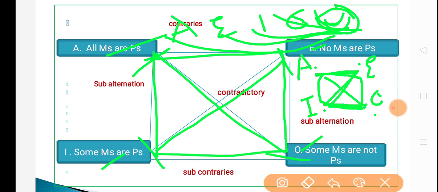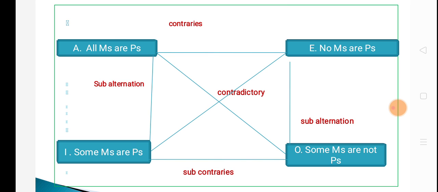Now, this corner is A, this corner is E, this corner is I and this corner is O. Then we can go to this picture.